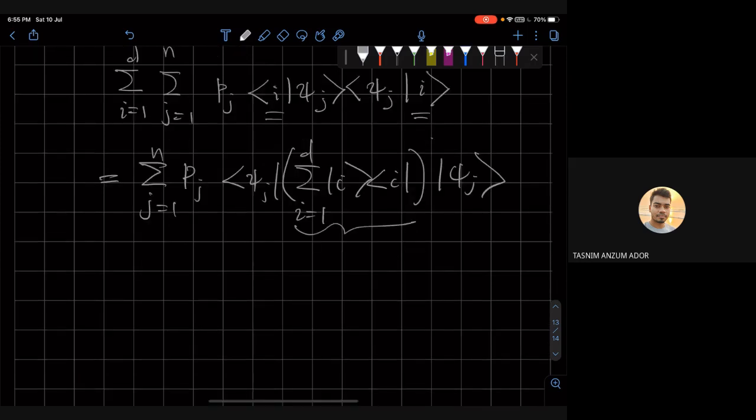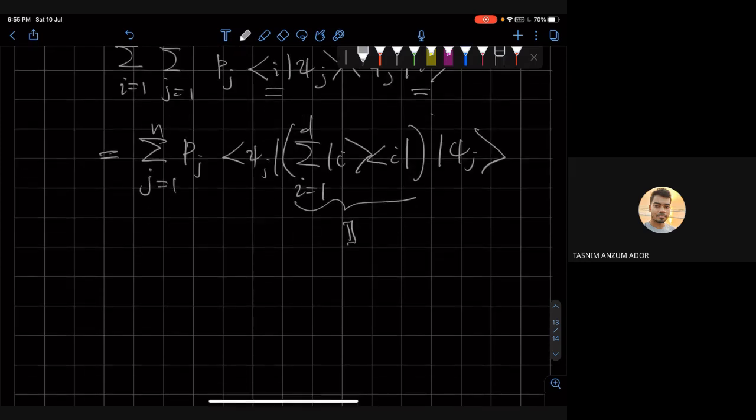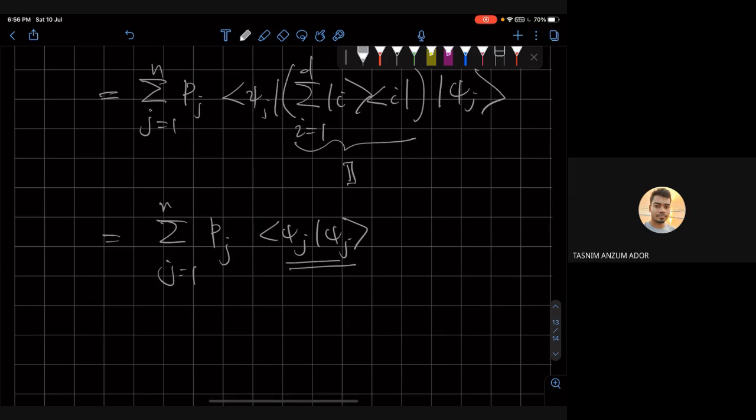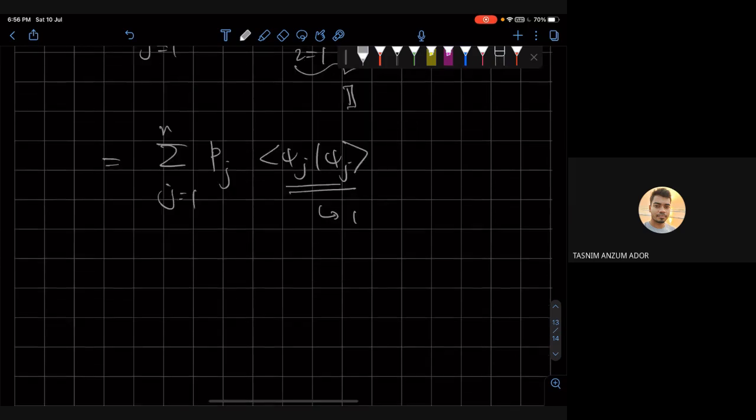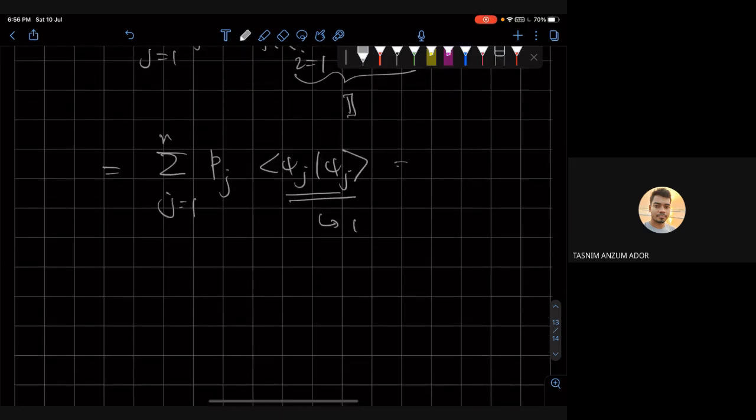And this I'm claiming is 1, and therefore I get the sum over j from 1 to N of P_j psi_j psi_j, because now this is 1. But what is psi_j psi_j? That is just 1. So I get a summation over j from 1 to N of P_j. But because these are probabilities, they sum to 1. And therefore, we have proved that the trace of rho is equal to 1.